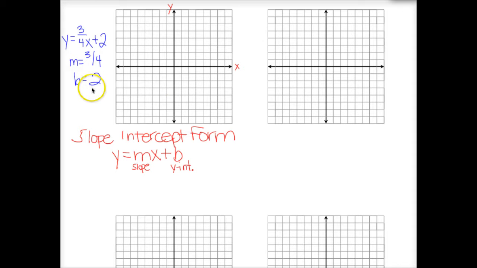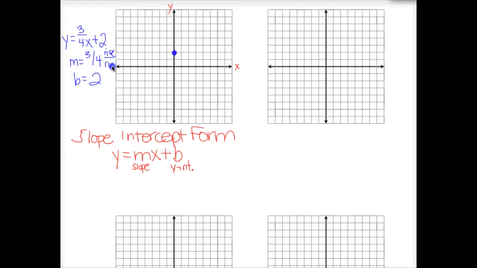So, B is begin. So the B is where you begin. On the y-axis, it's a positive 2, so we begin up 2. The M, slope, is how you move. M for move. B for begin, M for move. You move, and it's rise over run.